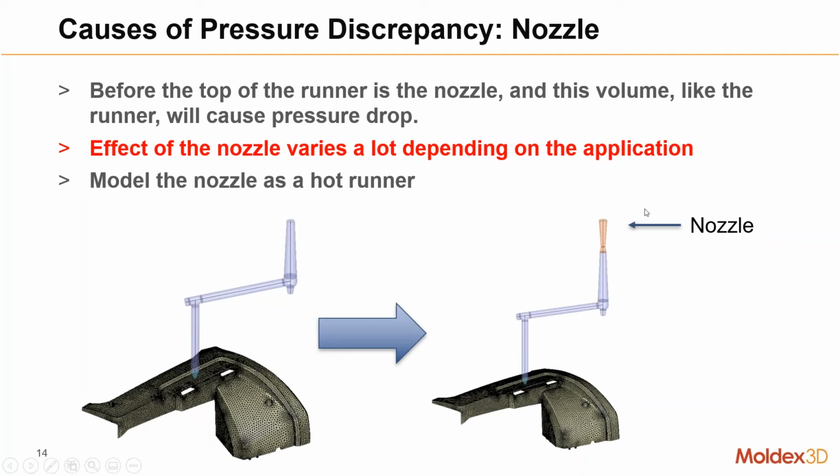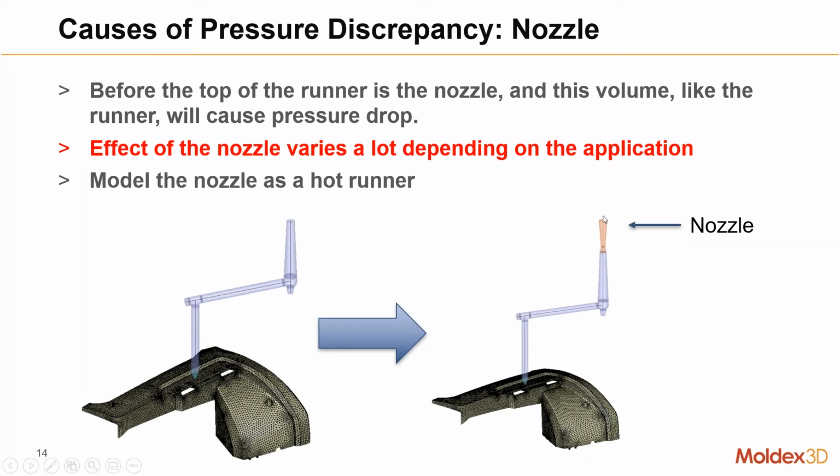So this nozzle is actually going to cause flow restriction just like the runner does. And we always model this in with the same geometry that we have in reality, and we model it in as a hot runner. You can see that the color here is orange, whereas the color here is blue. So we have a cold runner all the way until the gate, and then this orange is a hot runner.